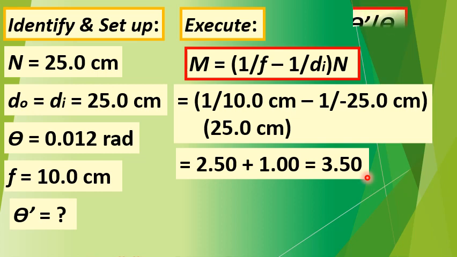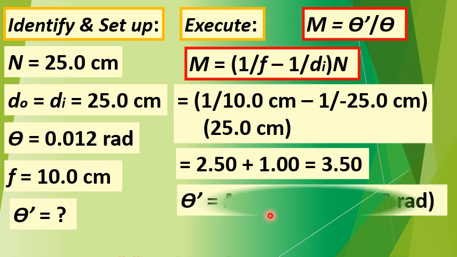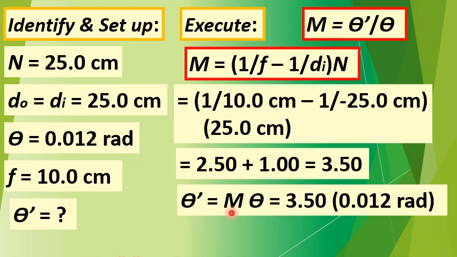So using the formula, capital M is equal to theta prime over theta, we can now proceed in calculating for theta prime. Theta prime is simply the product of capital M times theta.